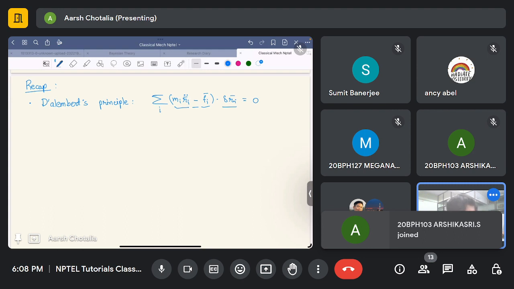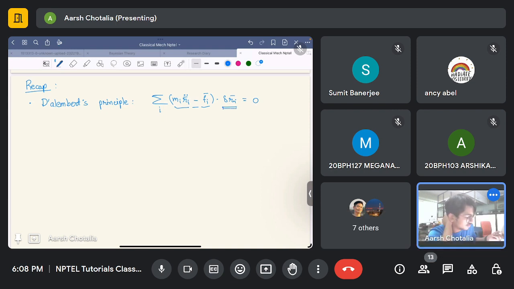And another way of saying that is that this delta ri could in principle be dependent on each other. So we have to first transform it to generalized coordinates, and then we can say that whatever coefficients are there are 0.